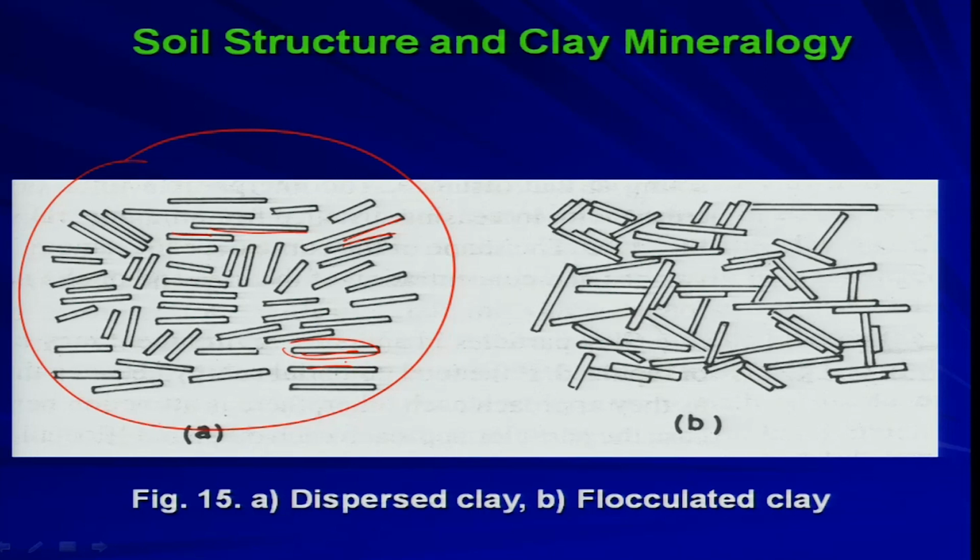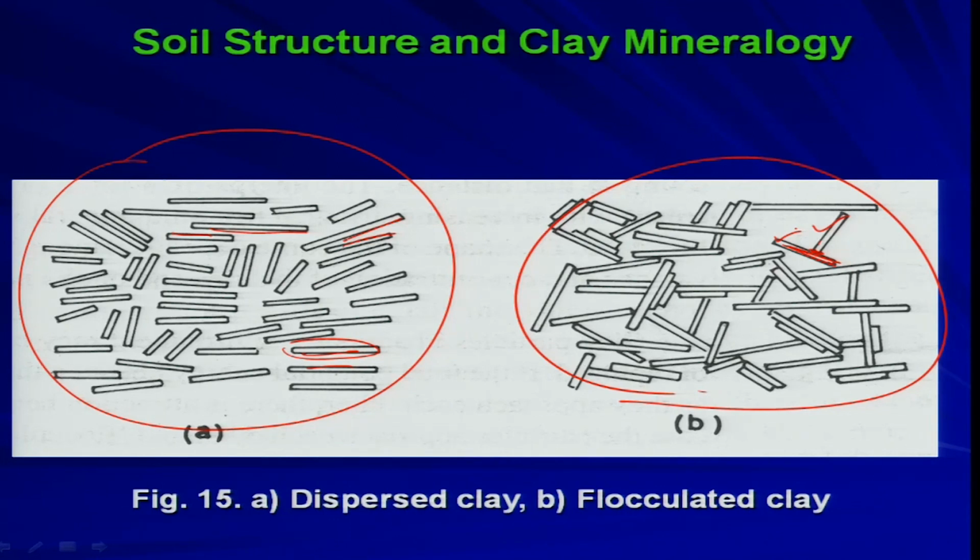Whereas, in the case of flocculated clay, this is your flocculated structure. Here you can see, as I told you, that most of the time you will get edge to face configuration. For this particle, this is the edge of the particle and on the nearby particle, this is the face. So this particle has edge to face contact with the nearby particle.